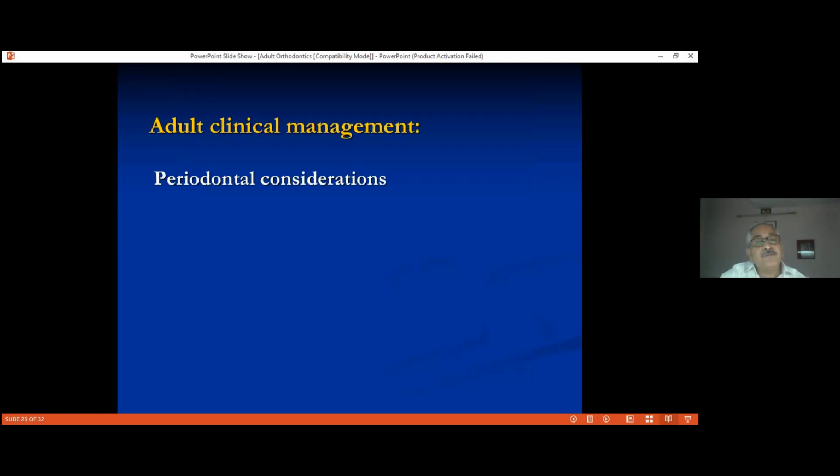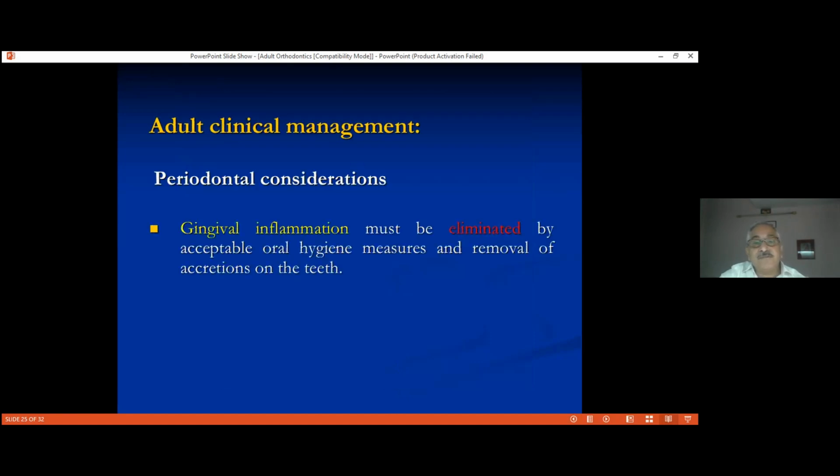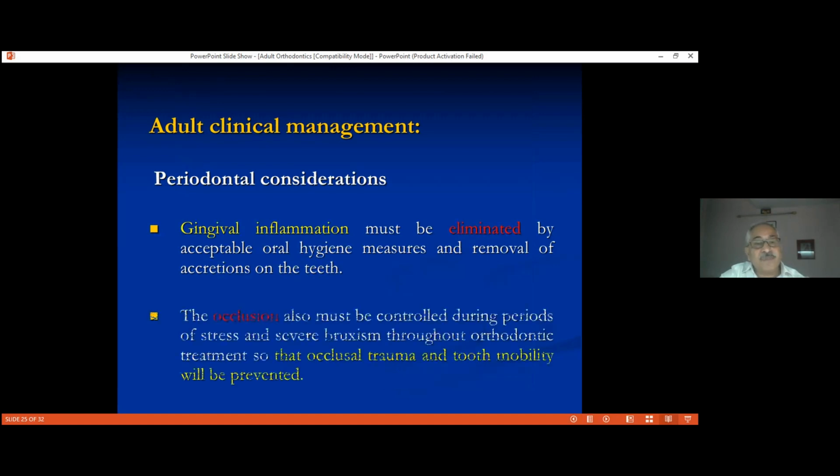Adult clinical management, periodontal considerations. Gingival inflammation must be eliminated by acceptable oral hygiene measures and removal of the accretions on the teeth. The occlusion must be controlled during periods of stress, such as severe bruxism, throughout the orthodontic treatment, so that occlusal trauma and tooth mobility will be prevented.